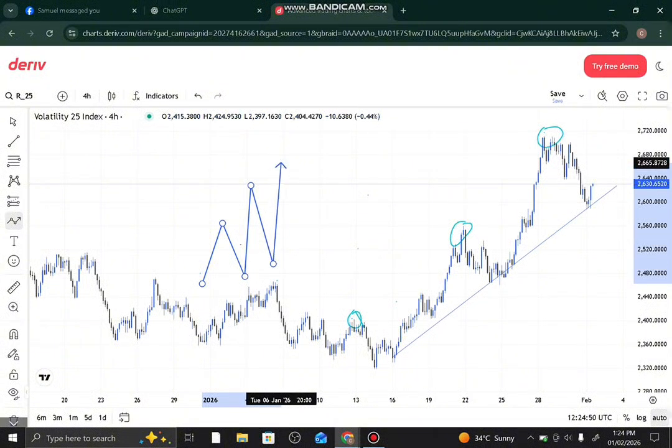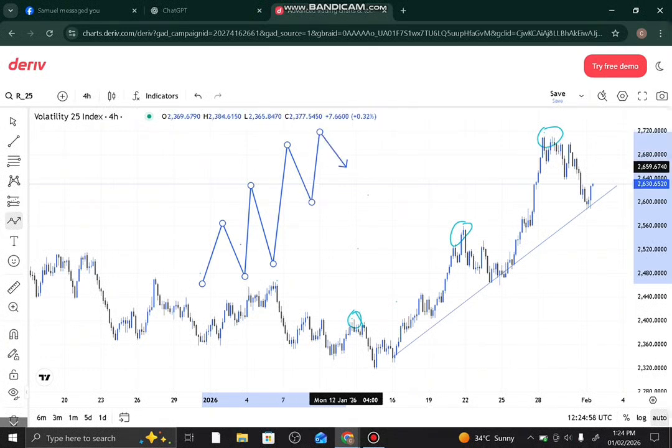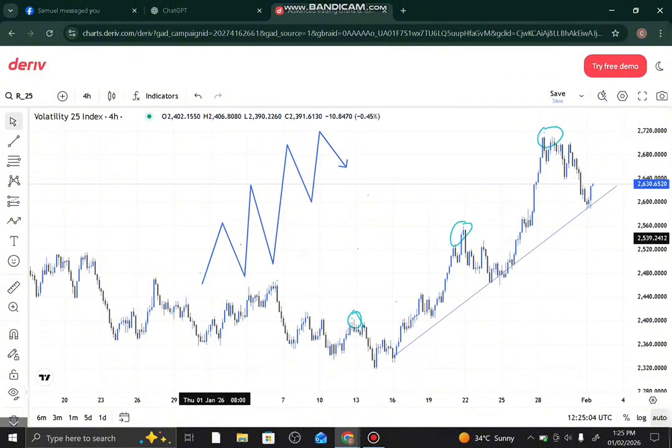Then a higher high, a higher low, a higher high, then a higher low. So you discover that what makes an uptrend valid is that it produces a series of higher highs and higher lows.